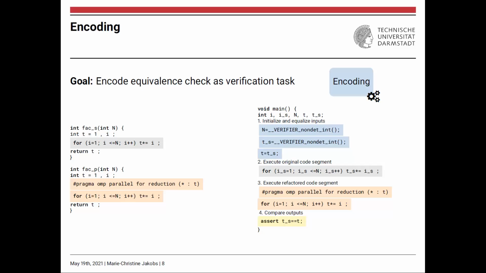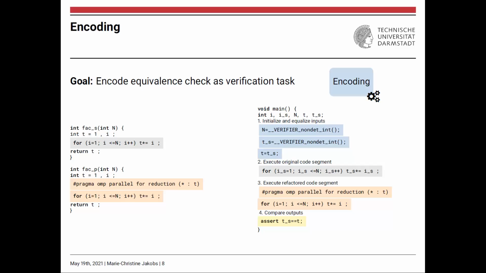Finally, we have to perform the output comparison. And therefore we insert an assert statement for each modified variable that is live after the code segment. And this assert statement checks whether the outputs have identical values.